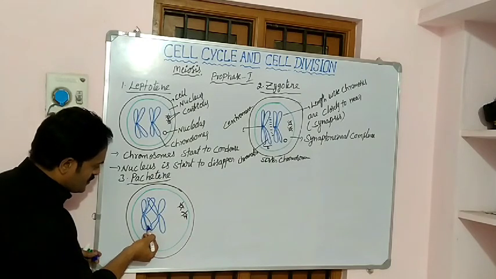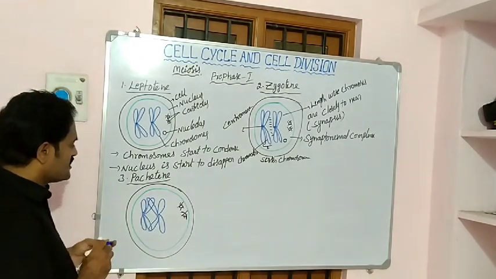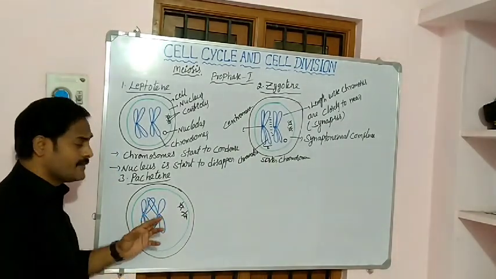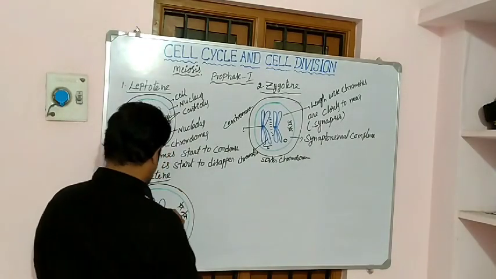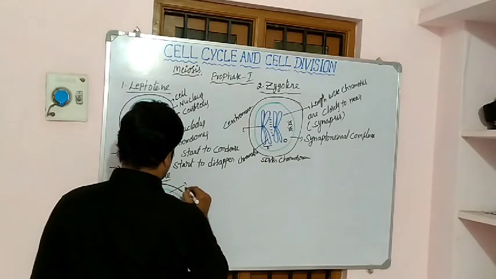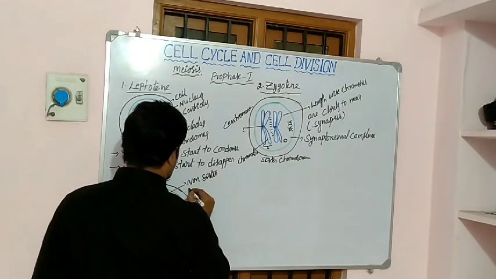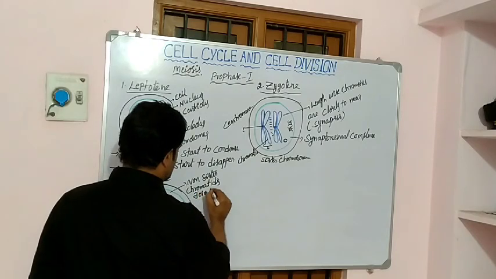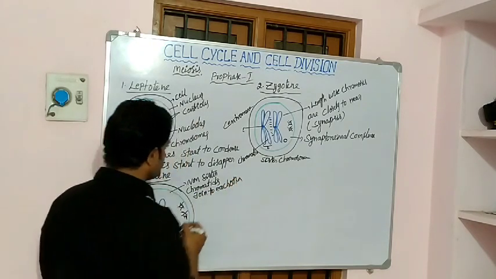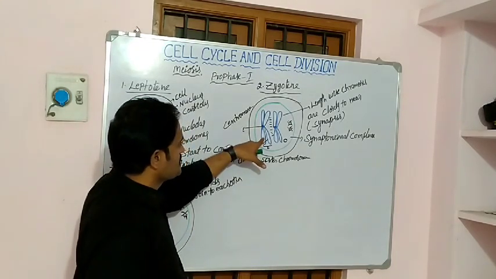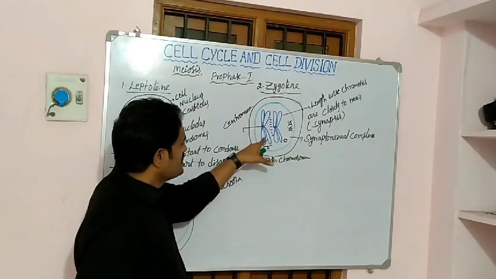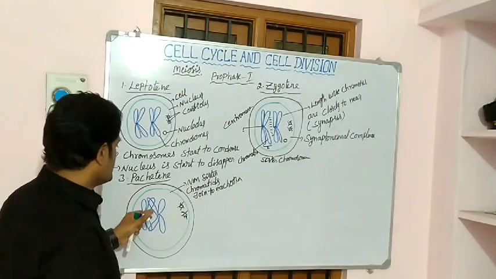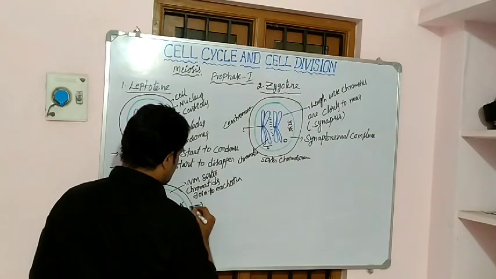This is one chromosome's chromatids, this is another chromosome's chromatids. The non-sister chromatids join to each other. Remember, in this chromosome these two chromatids are sisters, and these two are also sisters. Compared to both chromosomes, these are non-sister chromatids. Like that, non-sister chromatids are joined to each other. This process is called crossing over.